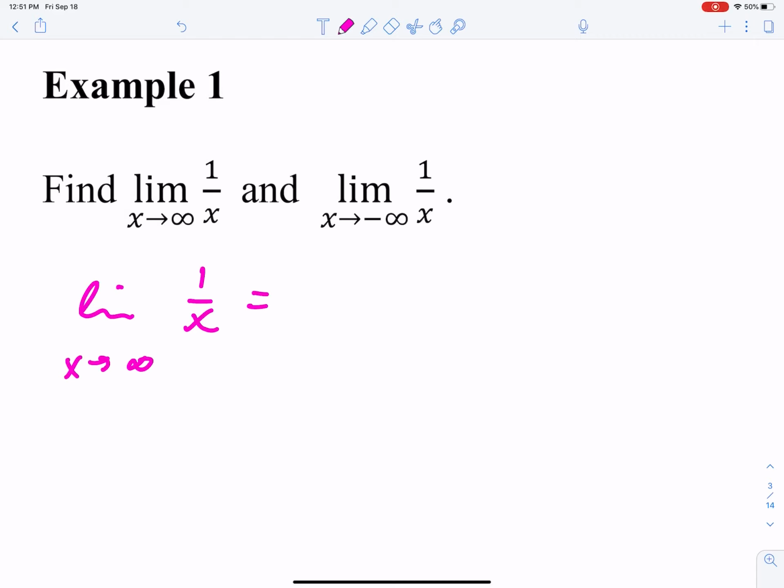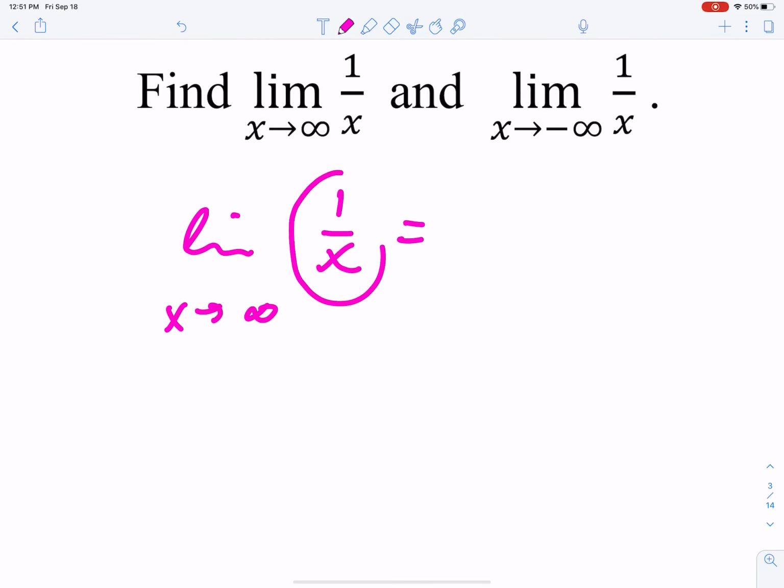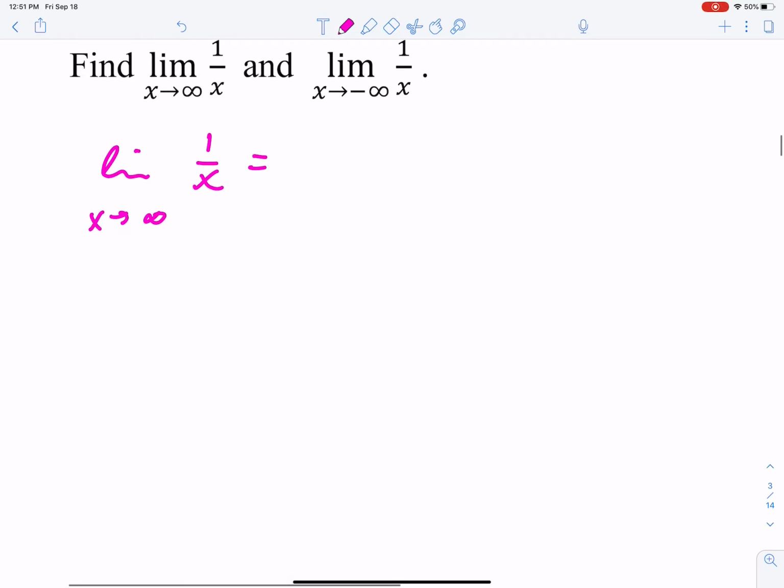So we can't really plug in infinity. I'm doing air quotes, plug in infinity. So we're going to kind of fake it. We're not even going to graph it. We're going to think here. We're going to analyze. So what happens to 1 over x as x gets incredibly huge?